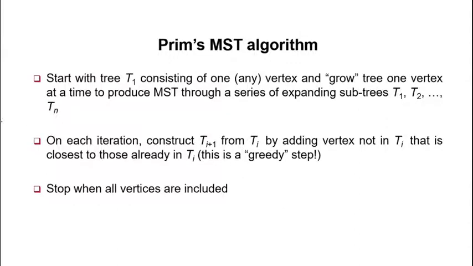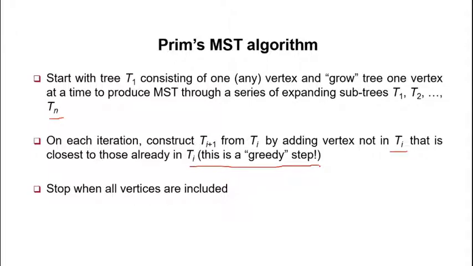Start with T1, the tree 1, consisting of any vertex, and grow the tree one vertex at a time to produce the MST through a series of expanding subtrees, T1 to T2, until the end, Tn. On each iteration, construct Ti plus 1 from Ti by adding the vertex not in Ti that is closest to those already in Ti.